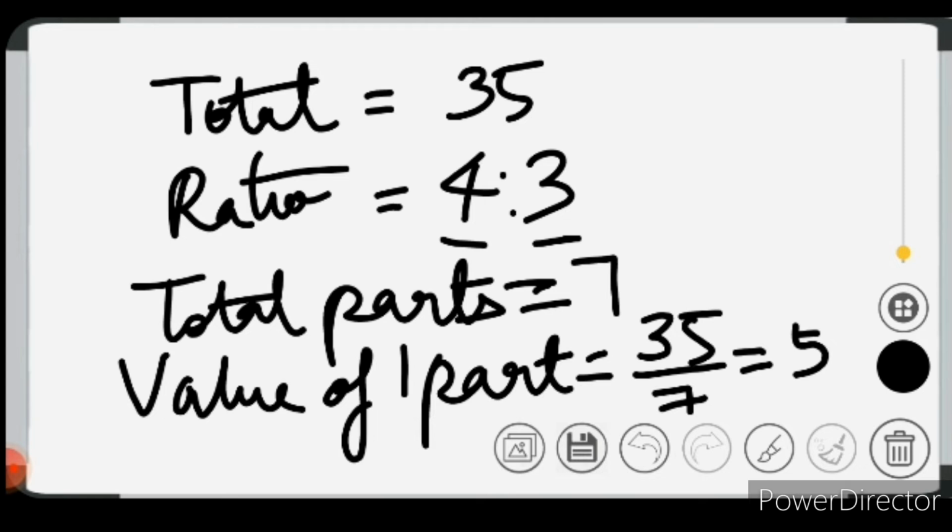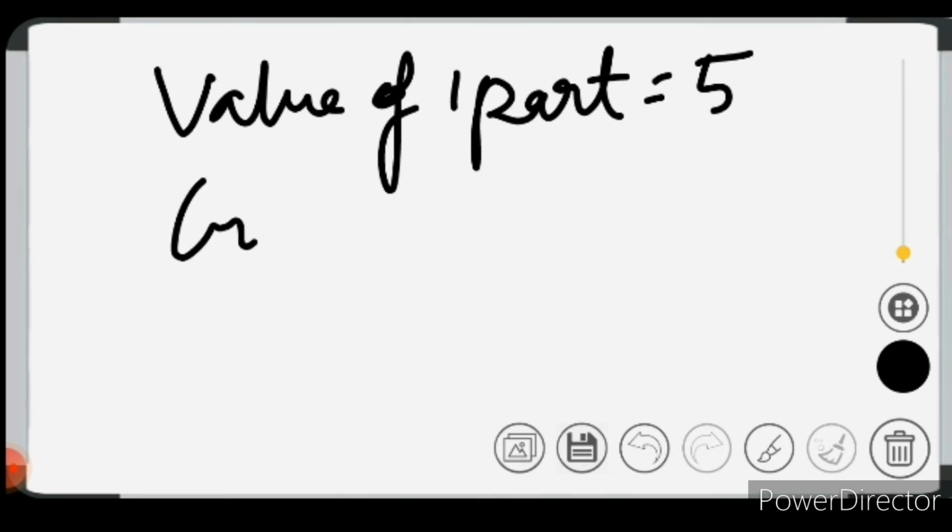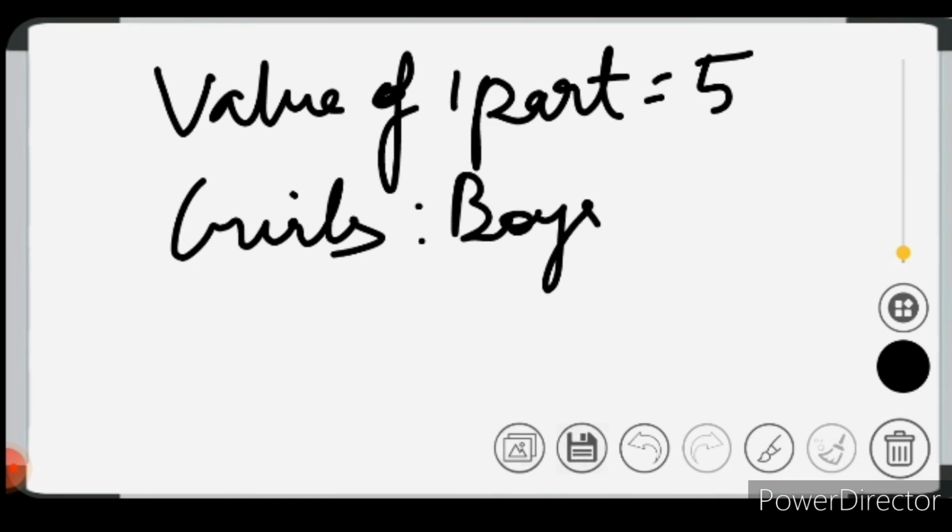Now the question is, how many of the students are boys? Now how are we going to do this? This is very simple. So the value of one part is 5, which we found now. First of all, the question says made up of girls and boys, so the ratio will be 4:3. Okay, so for girls it is 4 parts.